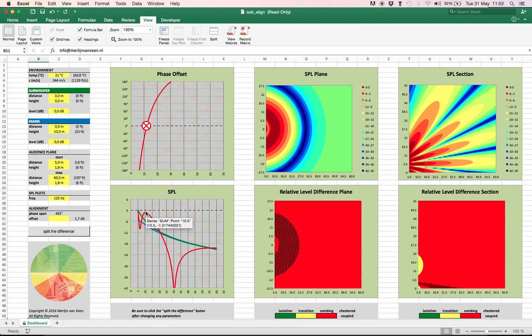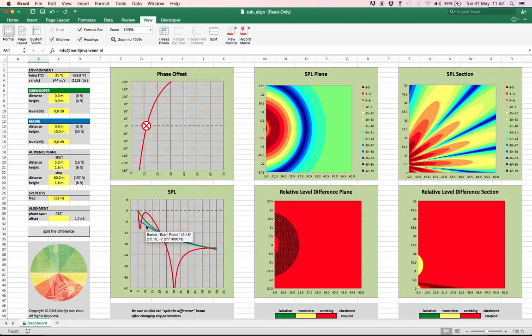The red trace is the combined output of the main speaker and the subwoofer together. The green line is the level over distance of, in this case, the subwoofer. It has a corresponding color to its settings in the top left corner.